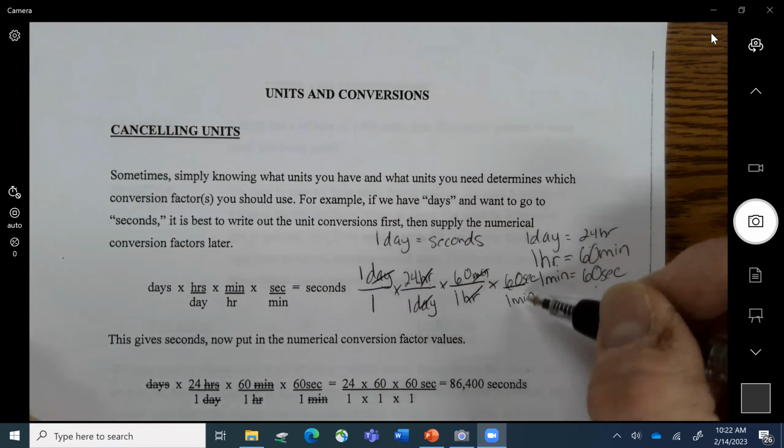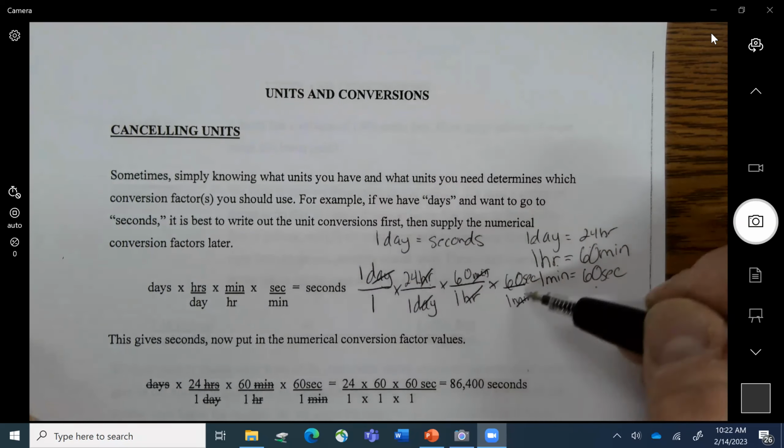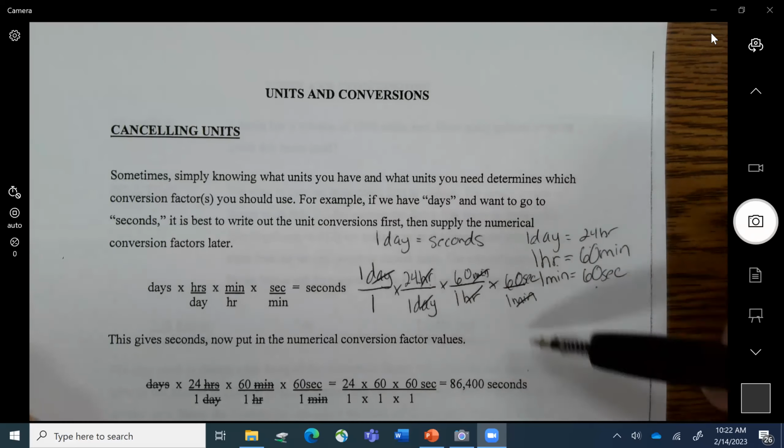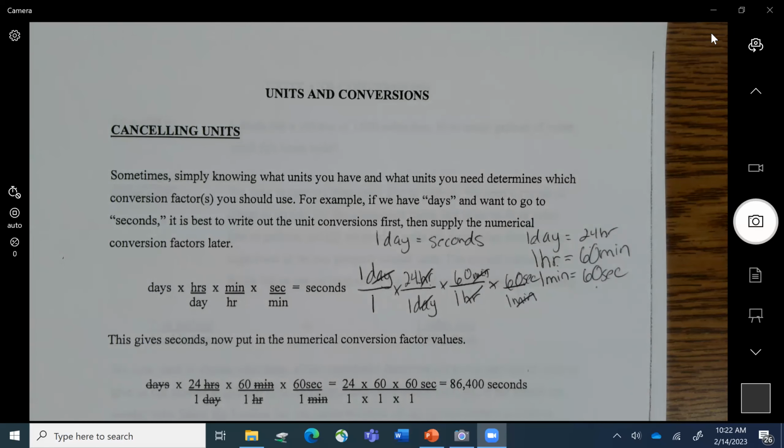And as you can see, as we worked through this using our conversion factors, it's 1, 2, 3 steps long. A lot of them you're going to see in stoichiometry tomorrow will be 2, 3, 4, 5, maybe even 6 long. Some of them can be that long. But 2 to 4, 2 to 5 is pretty typical for stoichiometry.